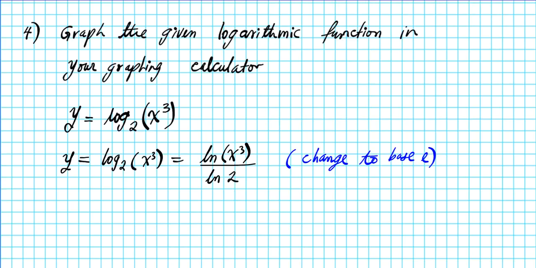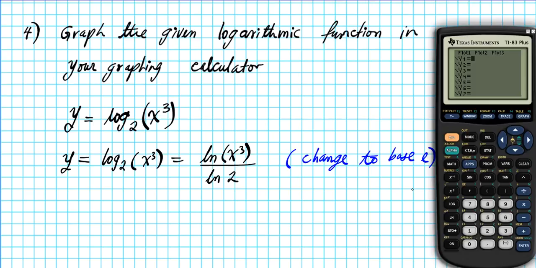Now we can graph because we have this function in the calculator. So we have the natural logarithm of x raised to the third power divided by the natural logarithm of 2, enter, and then hit graph, and there you have it.